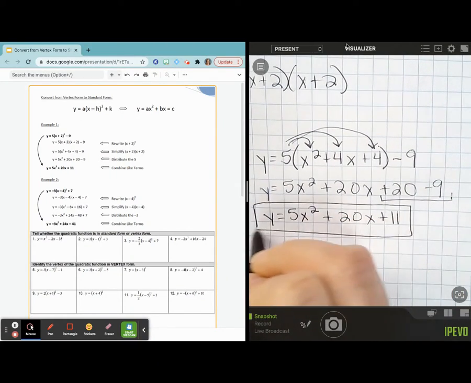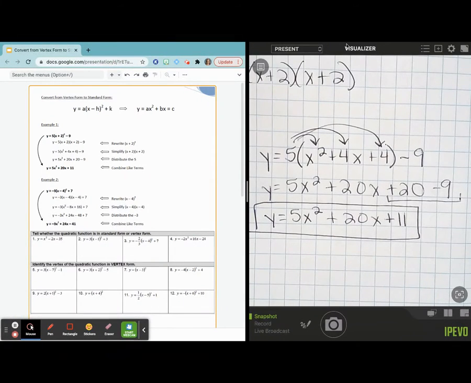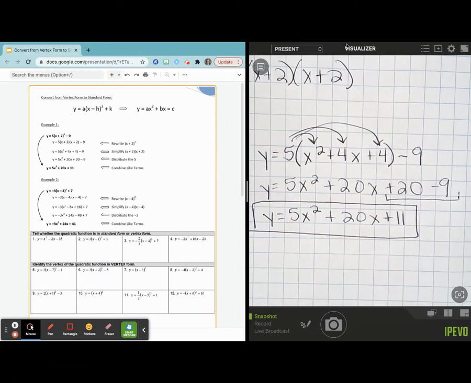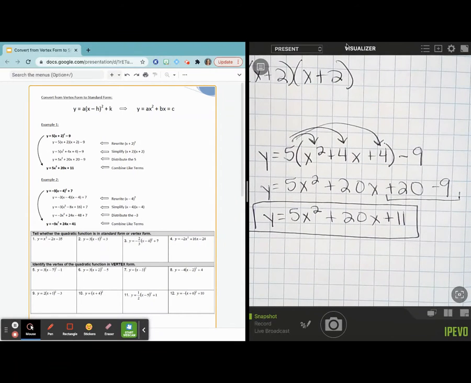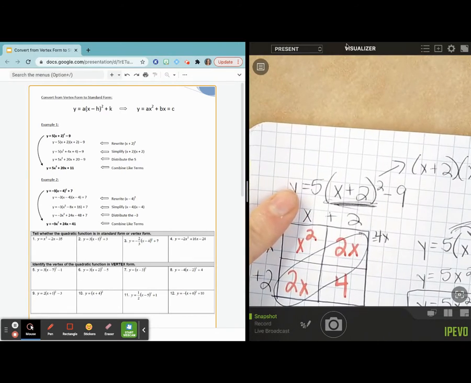So this is your standard form. And we can check that by using the calculator. We put it into y equals, and we look at those and compare them. Compare this to this, and they should be the exact same.